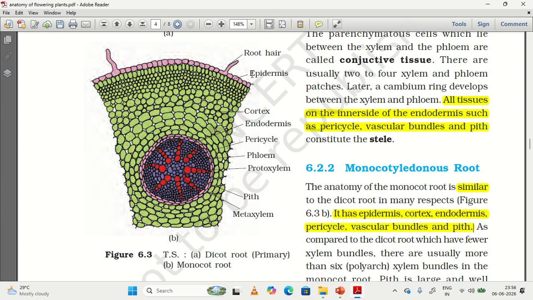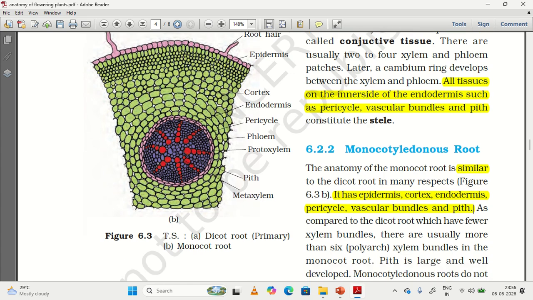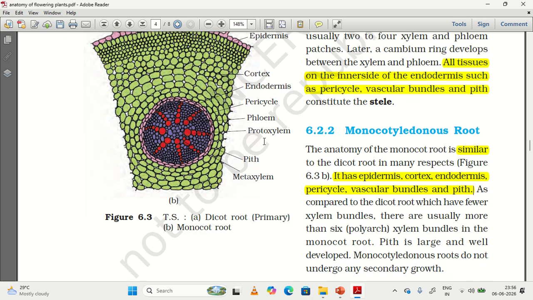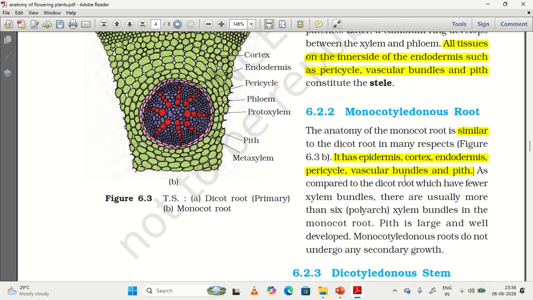So this is the outermost layer, epidermis. From the epidermis you can see the extensions, which are the root hairs. The epidermis has very compactly arranged parenchymatous cells without any intercellular spaces.